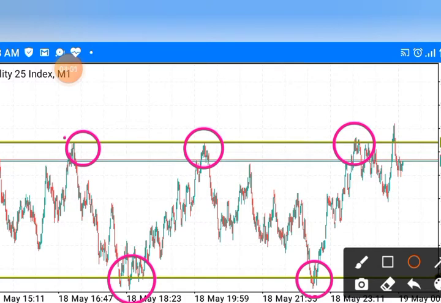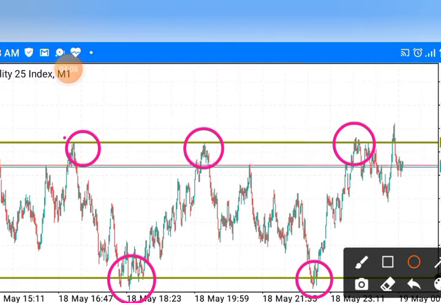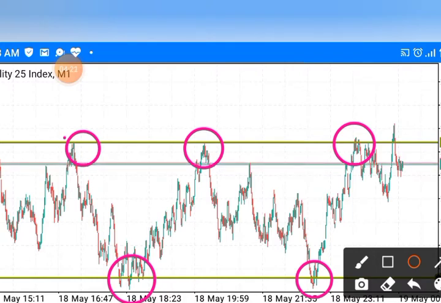So guys, I'm going to show you how you're going to use it right now, and after that, I'm still going to show you how you take your profit. I'm still going to show you how you can set your stop loss if it's against you. Okay, there is no strategy that is 100% win, but this strategy has 95, 96, 99% win rates.